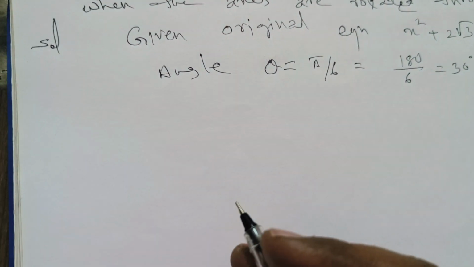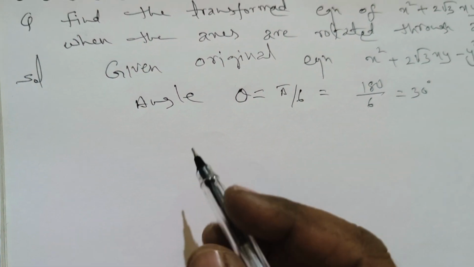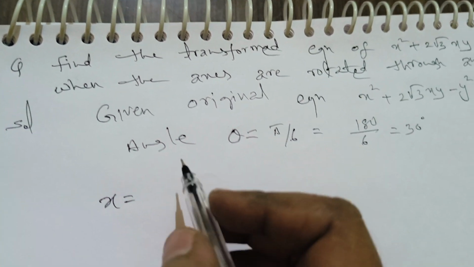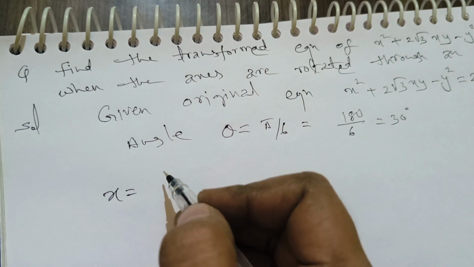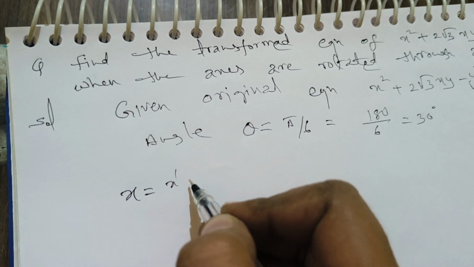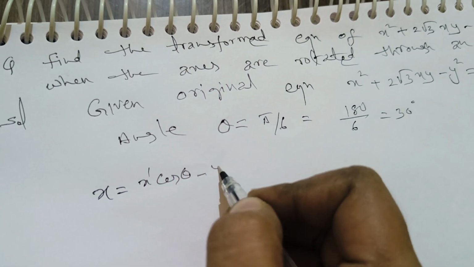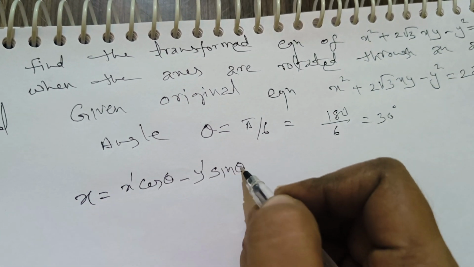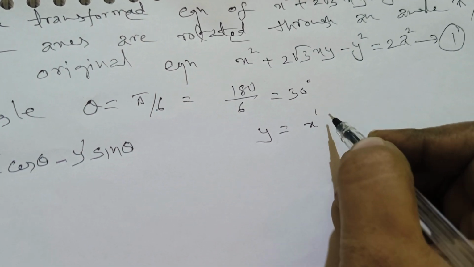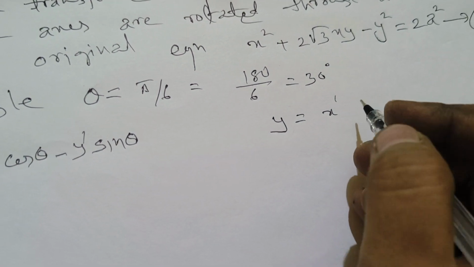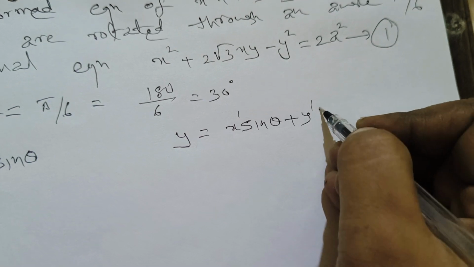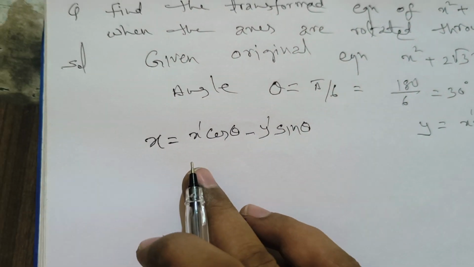So here we have to write the x and y values. When we write its transformed equation, the value of x becomes x dash cos theta minus y dash sin theta. Similarly, the coordinate of y is x dash sin theta plus y dash cos theta.